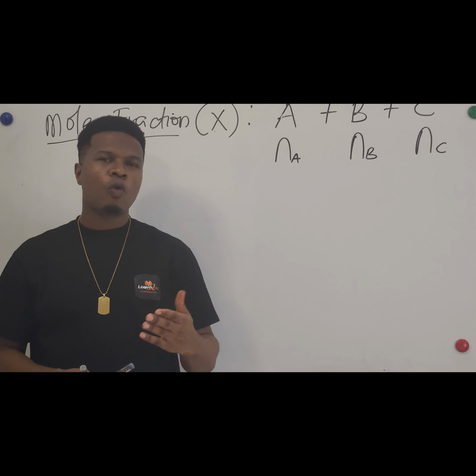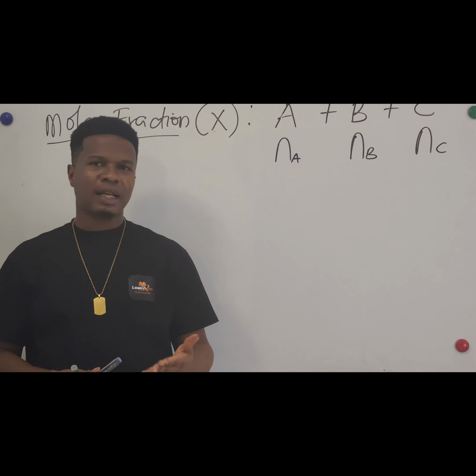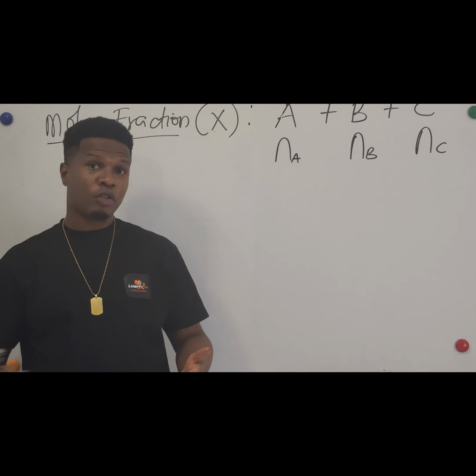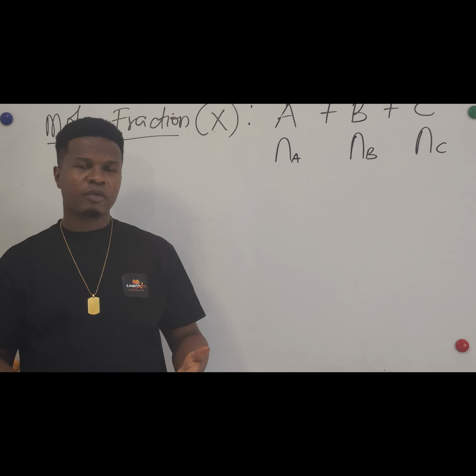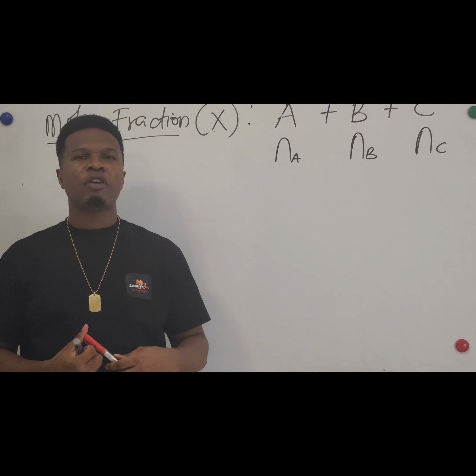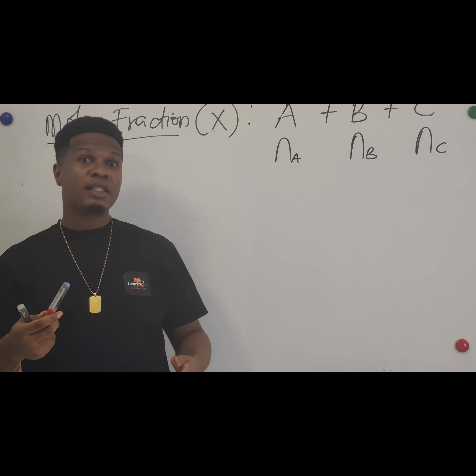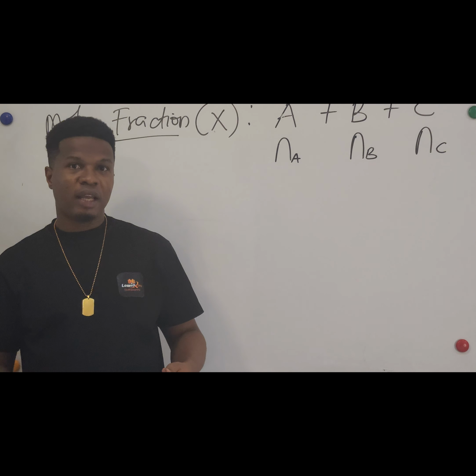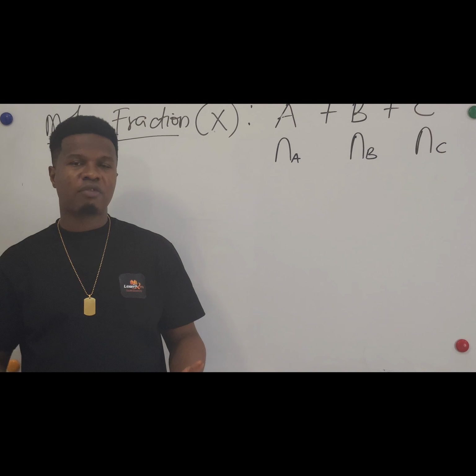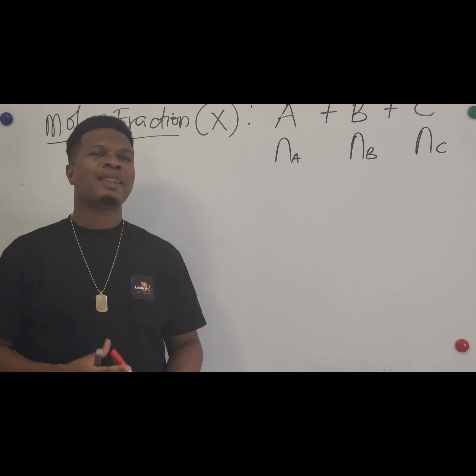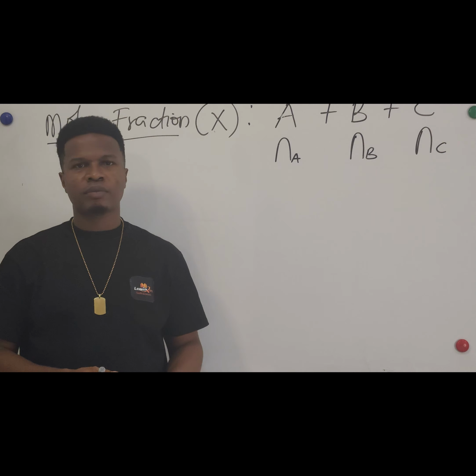If I ask you, what is the fraction of the boys in the class? You simply say 20 over 100, right? Which is roughly 1 over 5. If I ask you for the fraction of the girls, you say 80 over 100. You simplify. Whatever you have in the simplest form is the fraction. Now, that is the same way we do mole fraction.